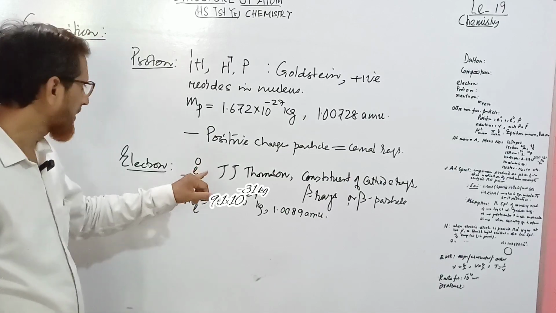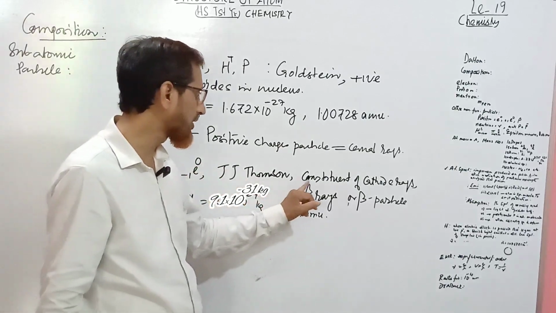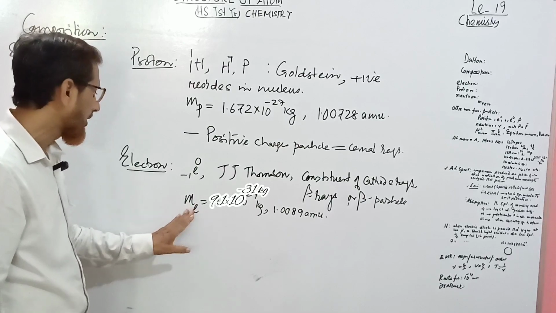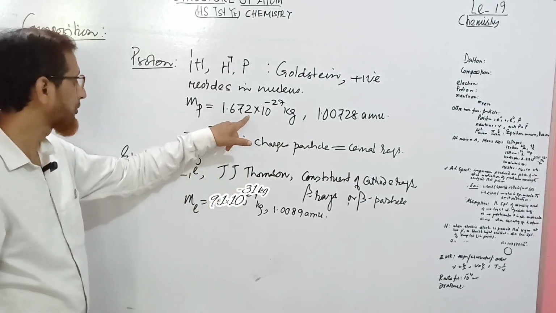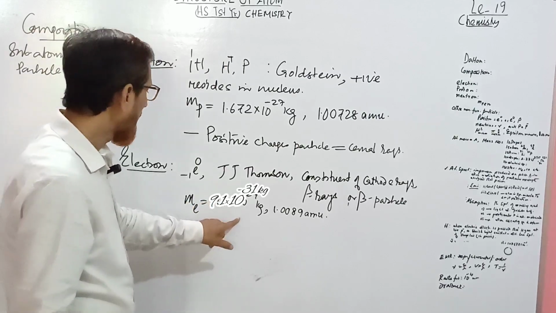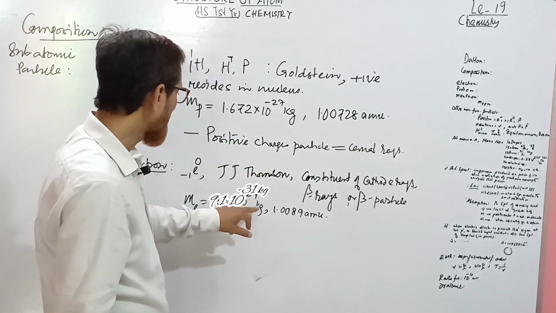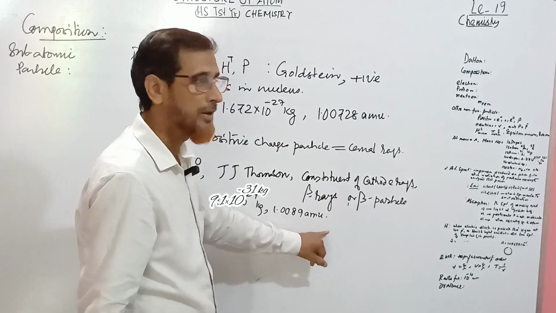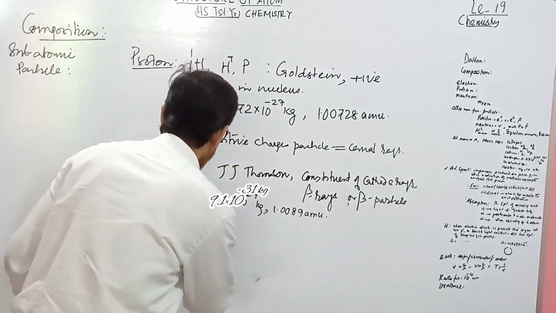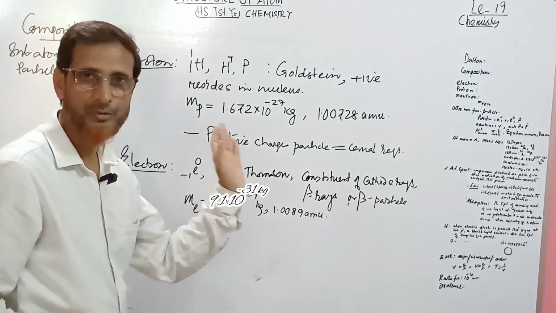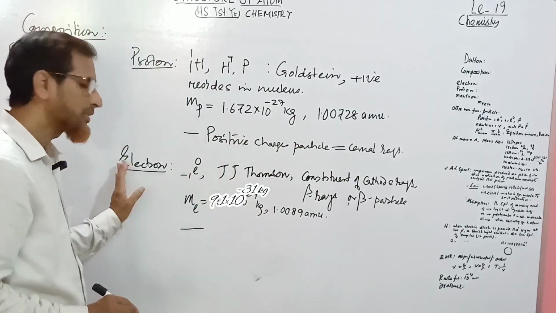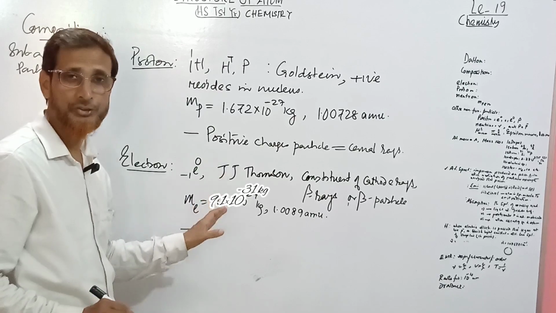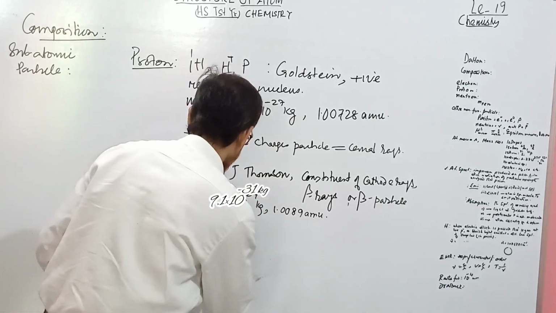It was discovered by J.J. Thomson, and it is the constituent of cathode rays or beta rays or beta particles. When this negatively charged particle comes out from the cathode in the vacuum discharge tube, it is called cathode rays.